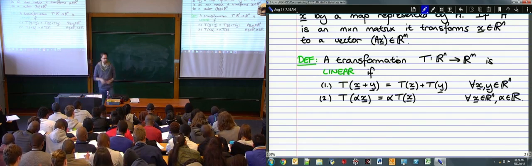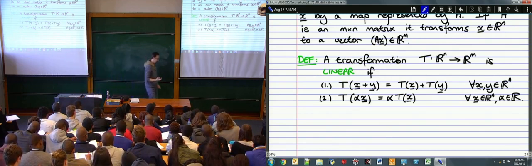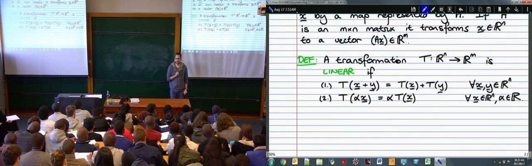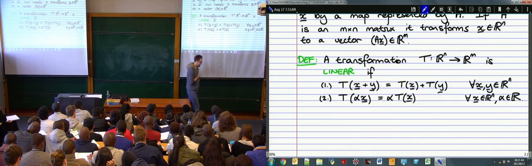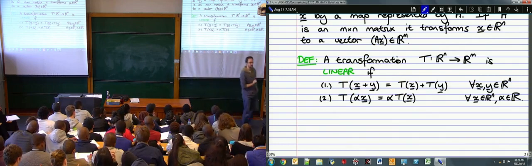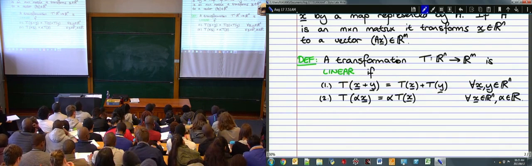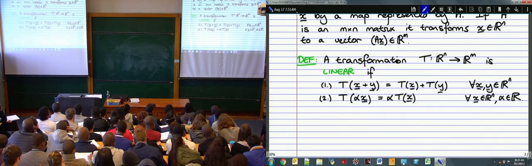Okay. So the thing which makes a linear transformation linear is that it respects the structure of the vector space, right? We said that the thing that makes a vector space is that it's closed under vector addition and it's closed under scalar multiplication. So the structure that we impose on a vector space is the structure given by vector addition and the structure given by scalar multiplication.